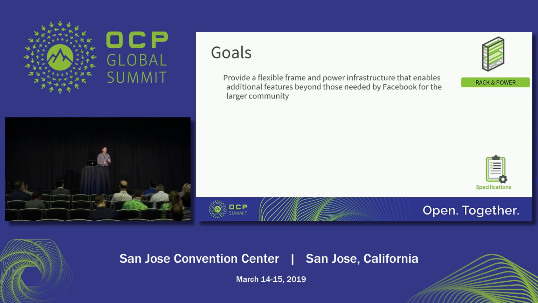We would like to ideally incorporate features that are not necessarily specific to Facebook, but are needed by the community, so that as much of the community as possible can share this basic frame part number.